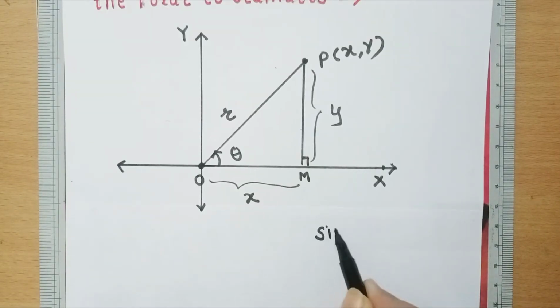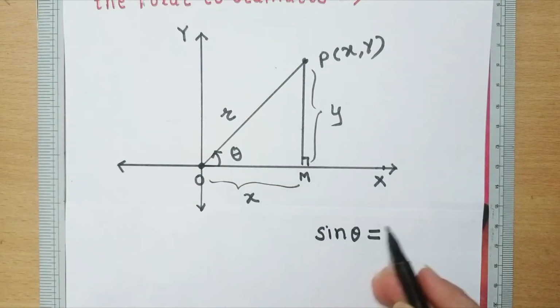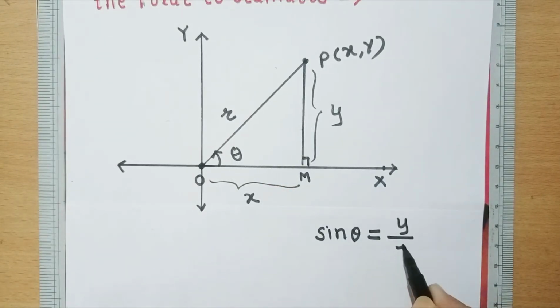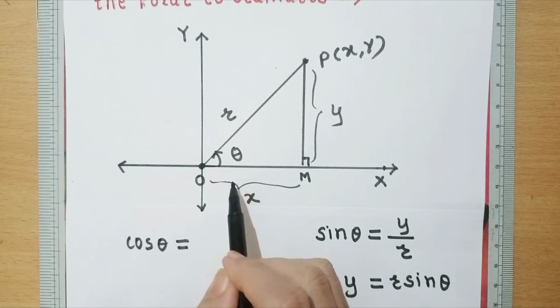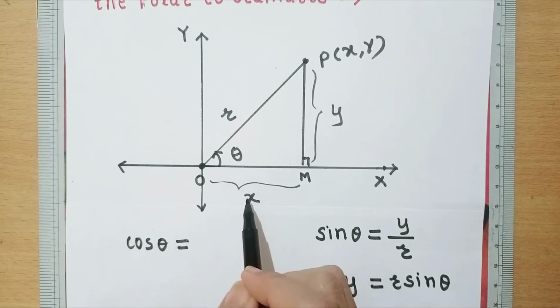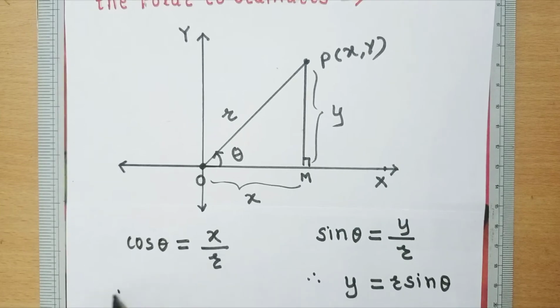Therefore sin theta is equal to opposite side upon hypotenuse, that means y upon r, and therefore y is equal to r sin theta. And also cos theta is equal to adjacent side upon hypotenuse, so x upon r, and therefore x is equal to r cos theta.